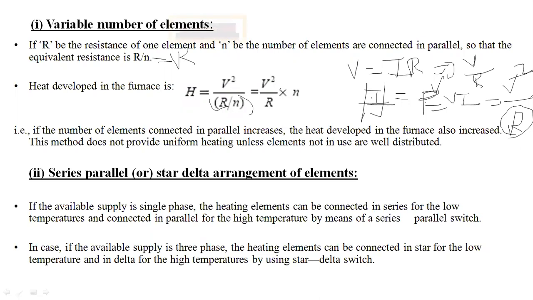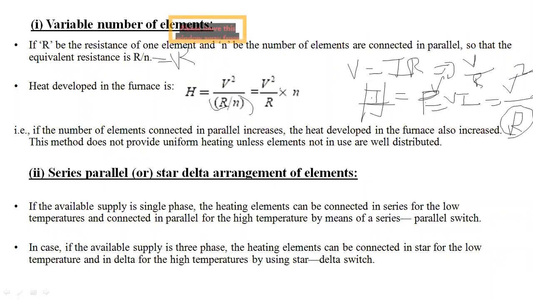For single phase, the heating elements are connected in series for low temperatures. If the substance requires a low temperature to be heated, then the elements are connected in series. If you want to heat the same substance at a high temperature, then the heating elements are connected in parallel. That's why this type of arrangement is called a series parallel switch.